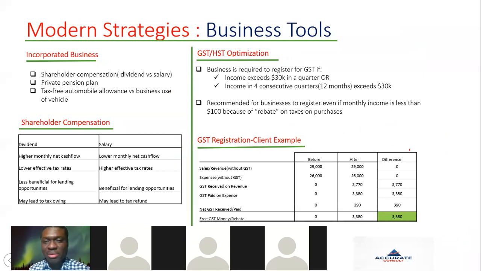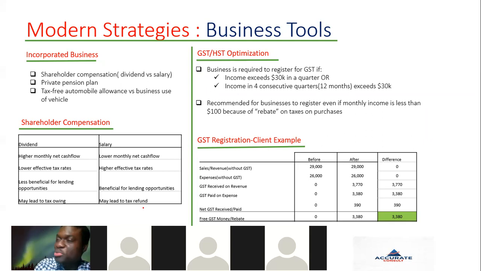The next slide just talks about incorporated business. Now, as a shareholder of an incorporated business, do you want to pay yourself a salary or a dividend? Some people will prefer the dividend. Let's assume I have an incorporated business and I believe I should be getting like 3K monthly.